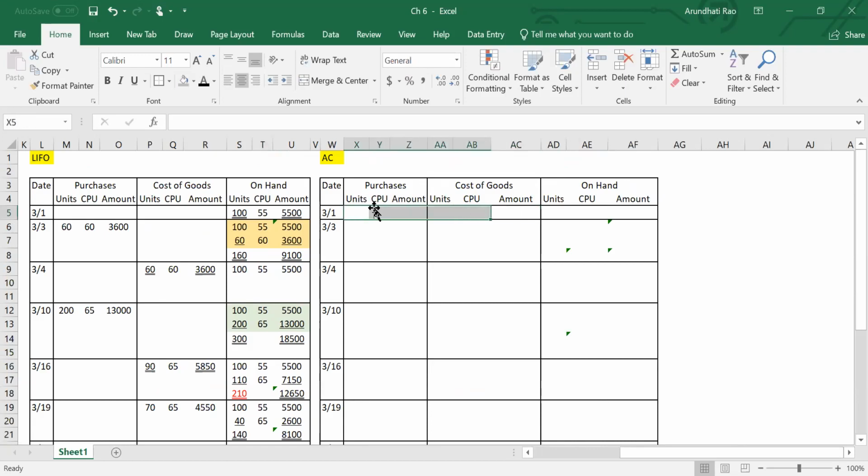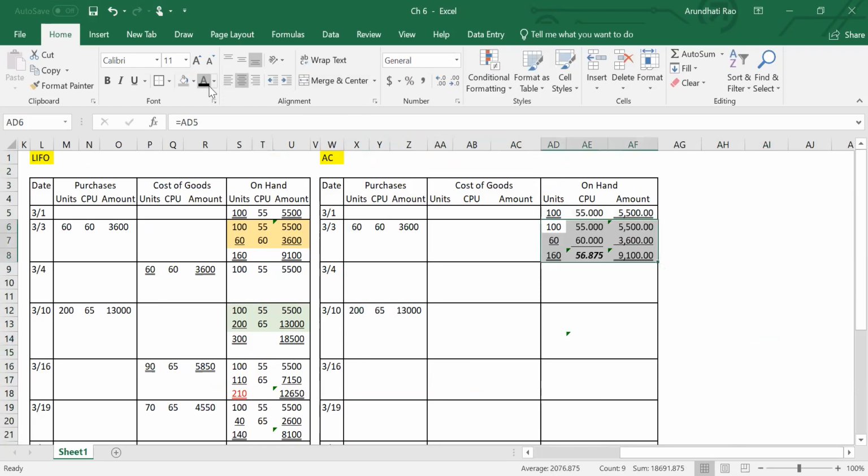So again, let's start out with the inventory on hand, 100 units at $55, that stays the same. Your purchases that you made throughout the month, again, that's not going to change. It's going to stay the same all the way through. So let me update this information here after the purchase. Okay, so now this is the key information we need to work on.